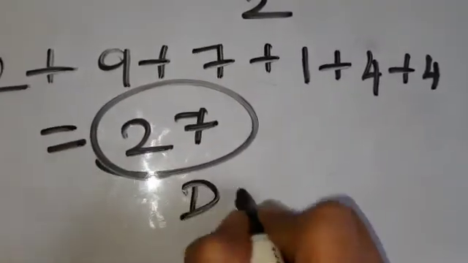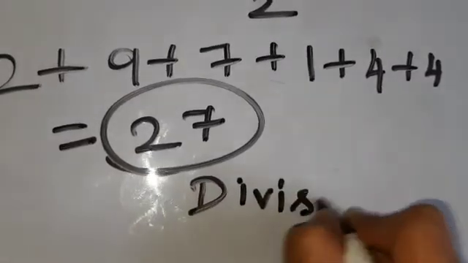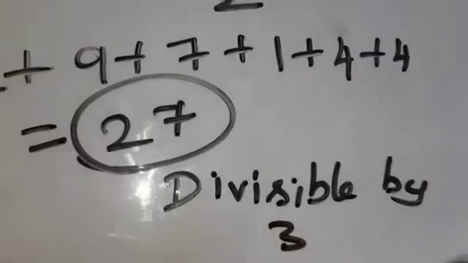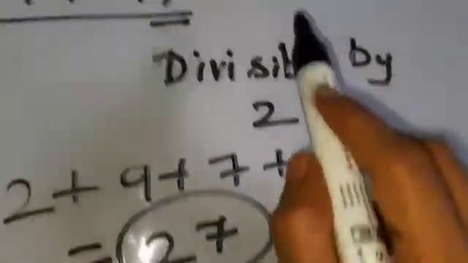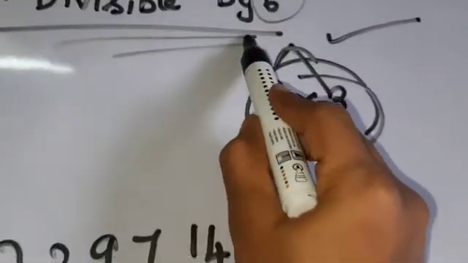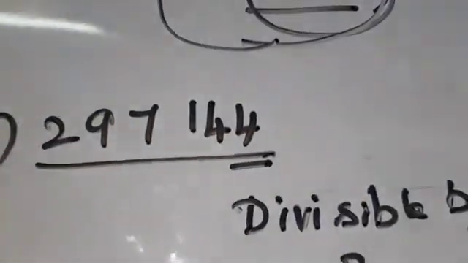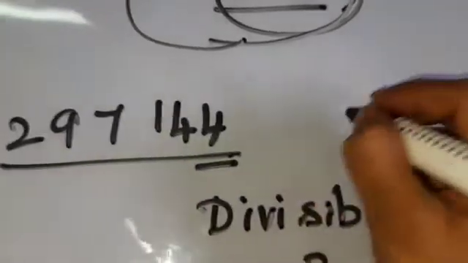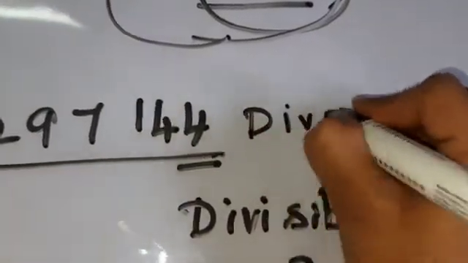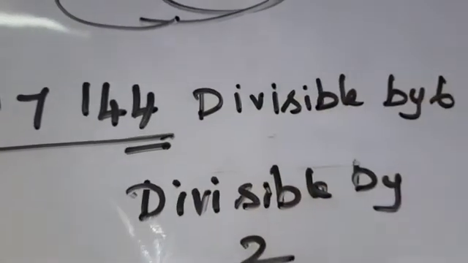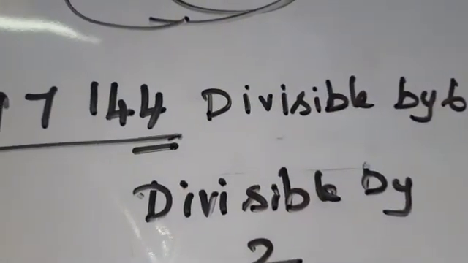So it is divisible by 3. See here students, the divisibility rule of 6 is when it is divisible by both 2 and 3, it is divisible by 6. So the given number is divisible by 6.